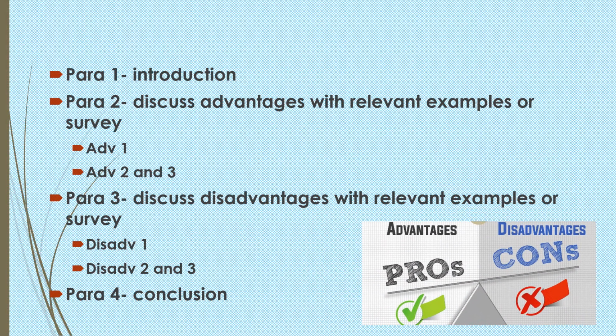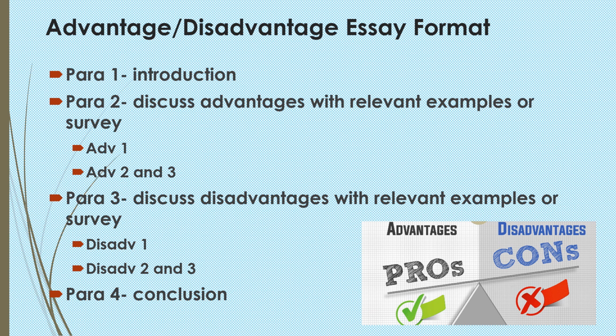Alright, so in this video, we are going to be discussing an advantage-disadvantage essay type. So let's take a look at the format. Now, how are we going to segregate our paragraphs? The first one will be an introduction. In the second paragraph, I'm going to discuss the advantages with the relevant examples or survey.